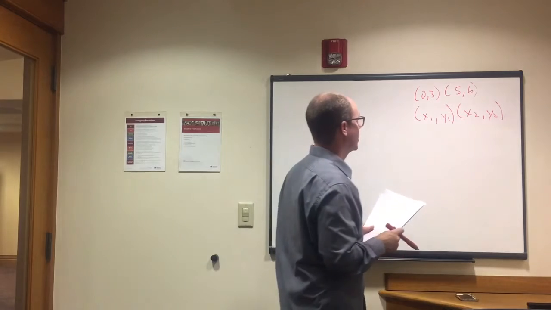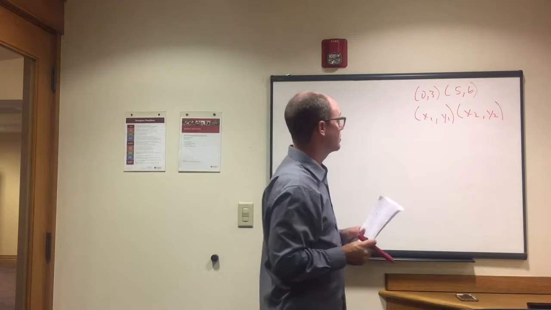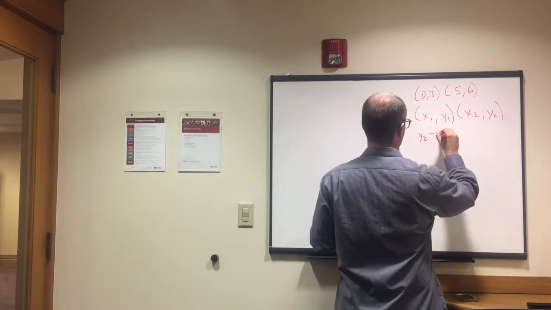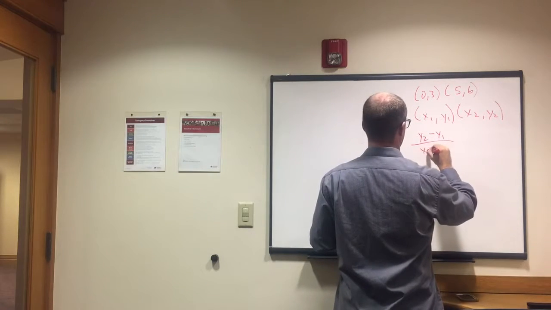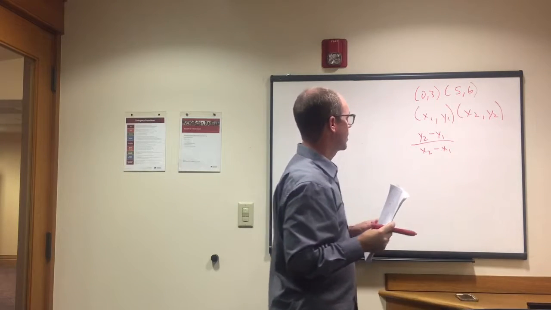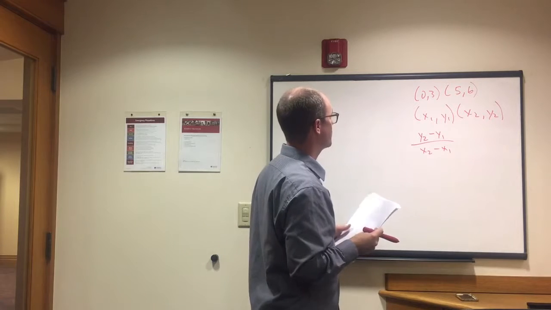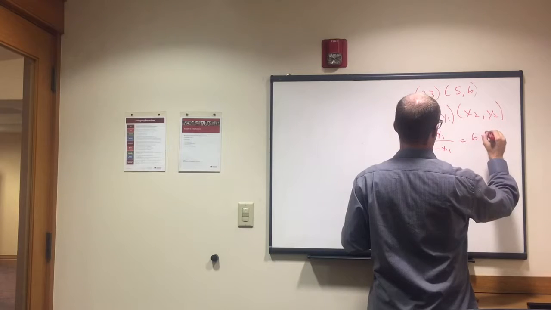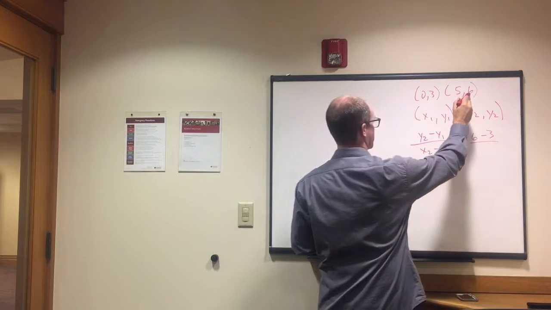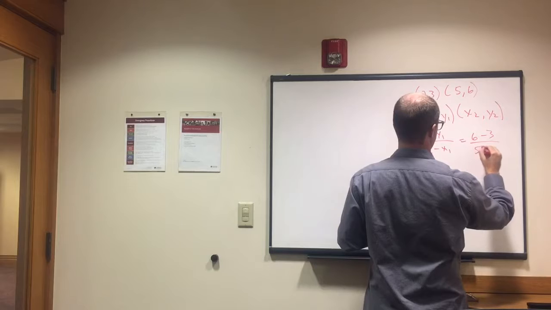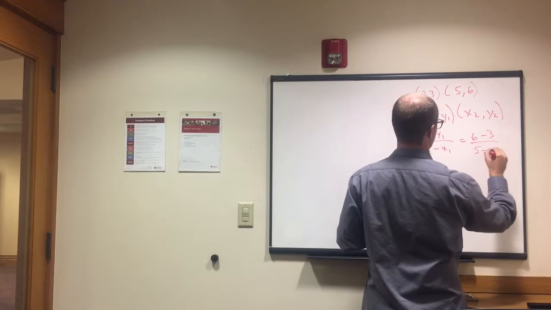And then our formula for finding slope, that's what this will be asking you for, is y2 minus y1 divided by x2 minus x1. So what is that? y2 is 6 minus y1 is 3. X2 is 5 minus x1 is 0.